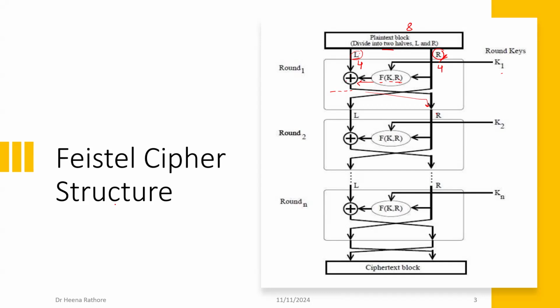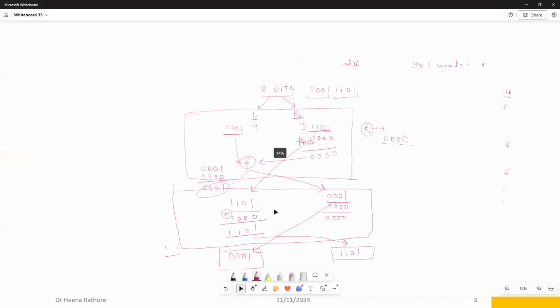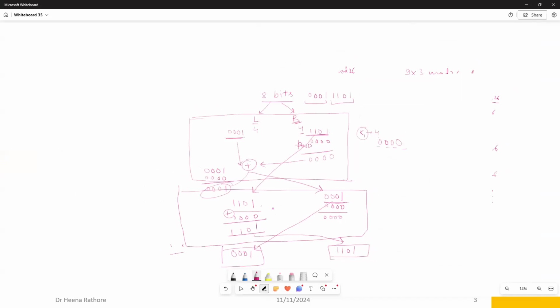In your exam, I will be giving you a question like this, and I think your quiz also has that specific question example. I will give you the ciphertext and ask you to get the plain text.